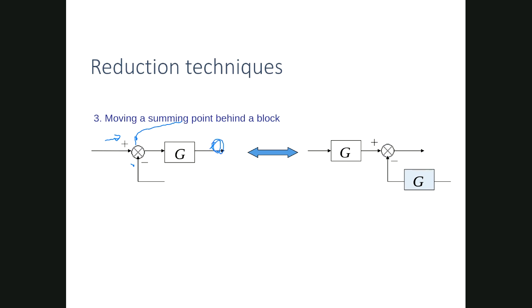Now, remember, let me show you. The signal that is going to come in here, the output at this point will be G times, let's say E. Let's assume this is signal E. Now, if you move the joint to the front of G, that means if we want to have G times E, we have to multiply by G here at this point, and then G down here.